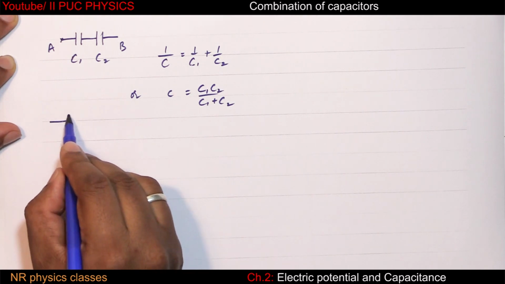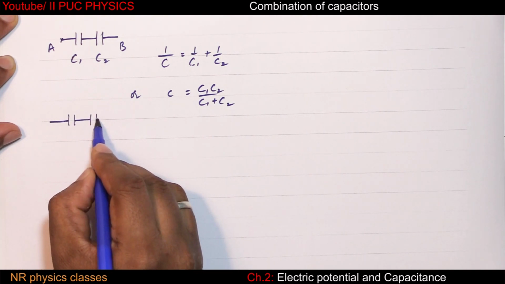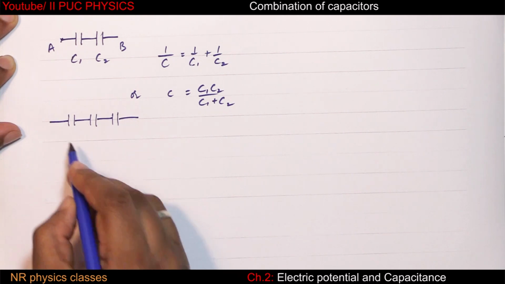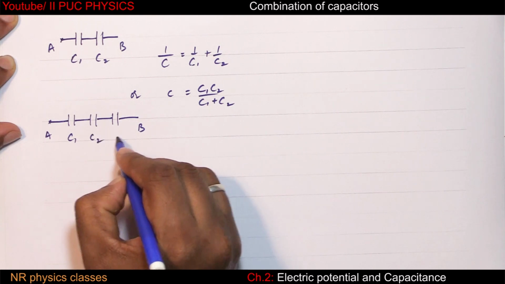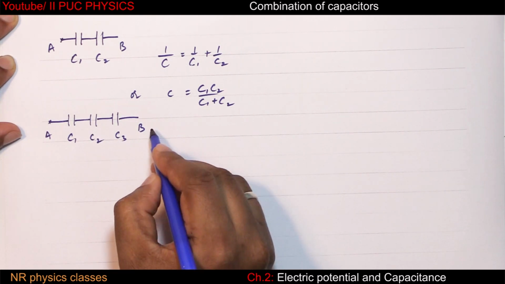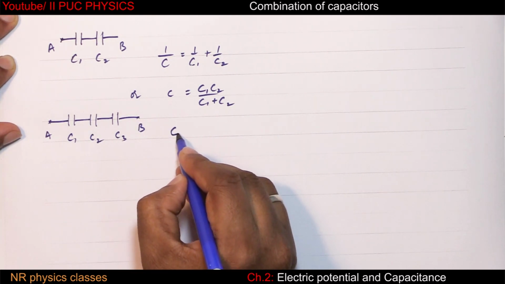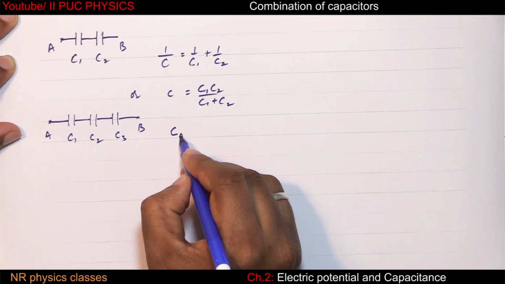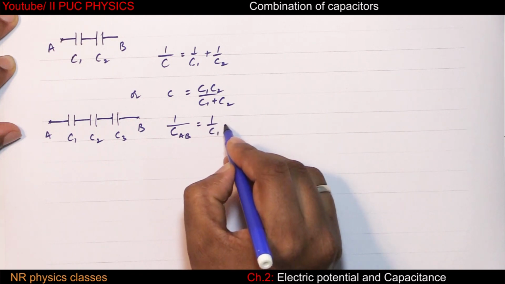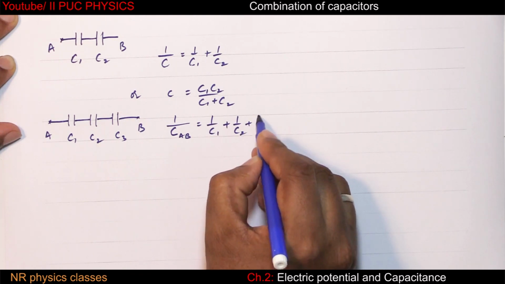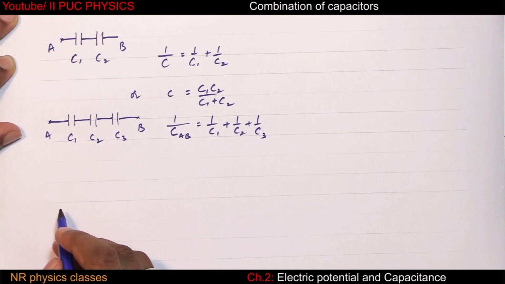Similarly, if three capacitors C1, C2, C3 are in series between A and B, then the equivalent capacitance CAB equals 1 by C1 plus 1 by C2 plus 1 by C3.